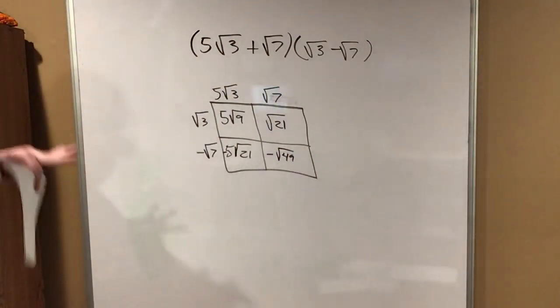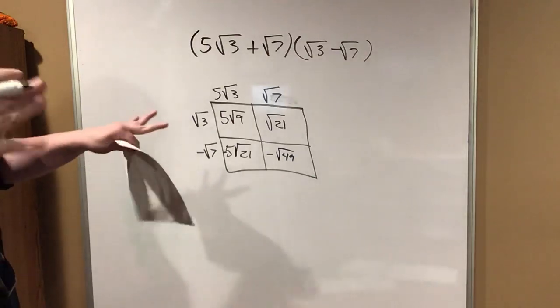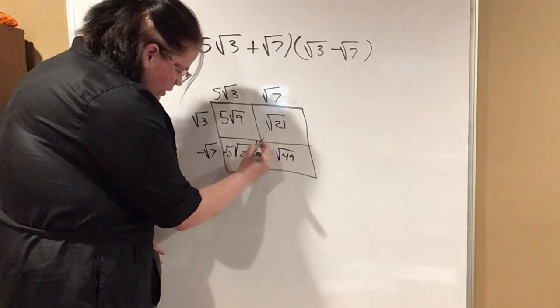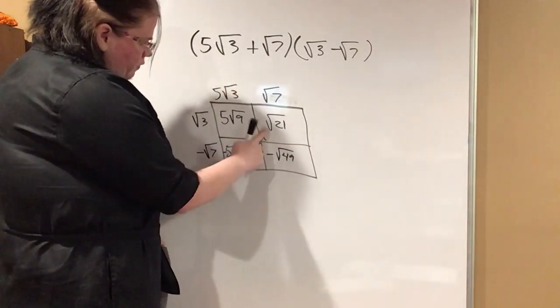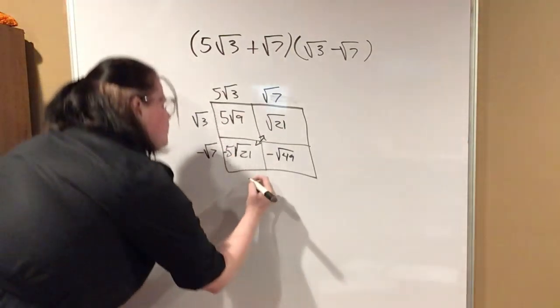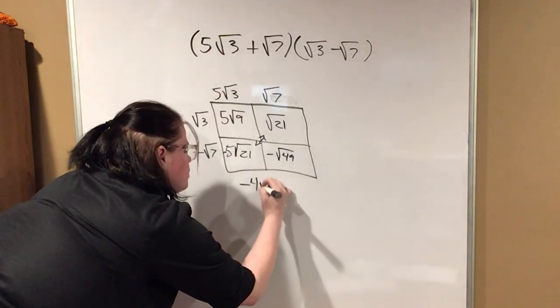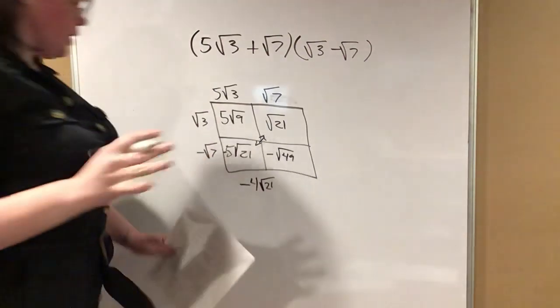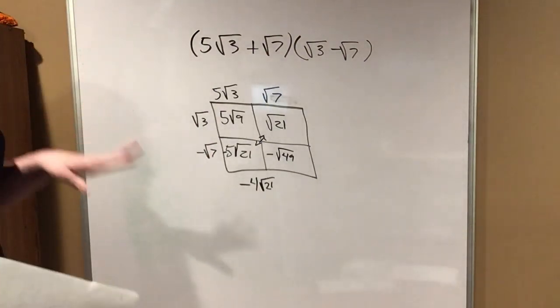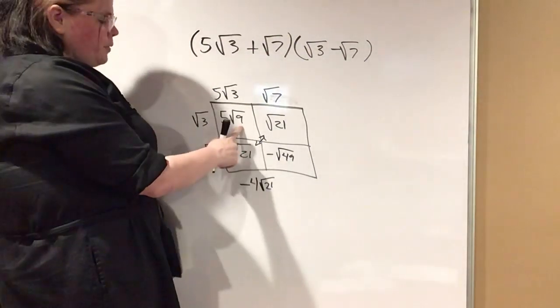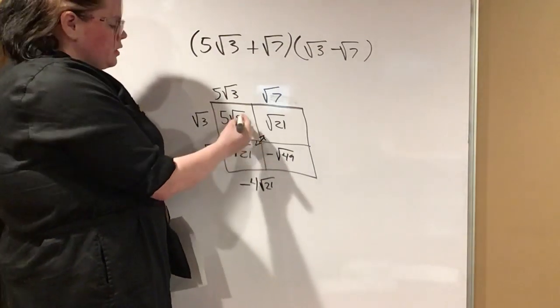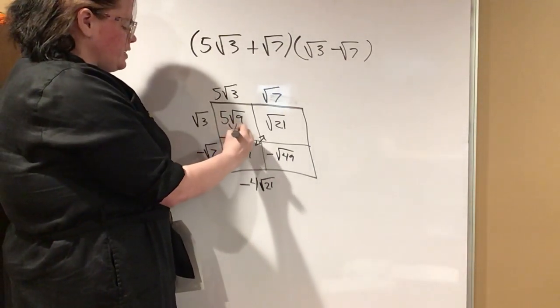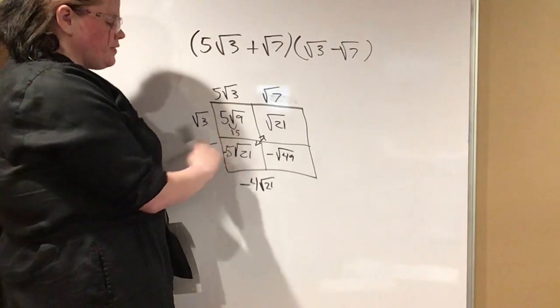Okay, well let's look here. Before we go any further, I'm going to combine some like terms, which are these guys. So we have 1 minus 5. So I get 4 square roots of 21, which is prime. Can't do anything with it. But if you guys can see here, I have a perfect square here. So this actually goes down to 15 because 3 times 5 is 15.